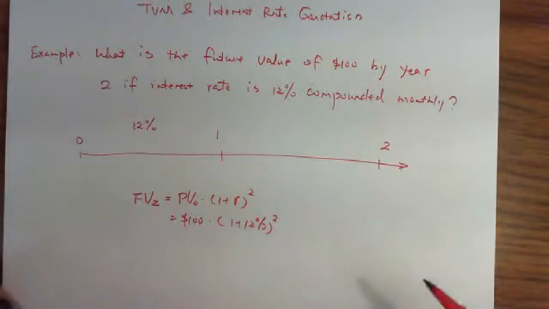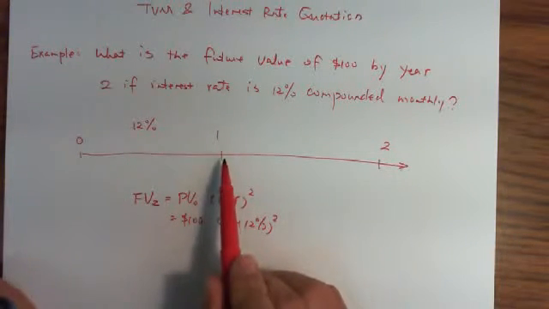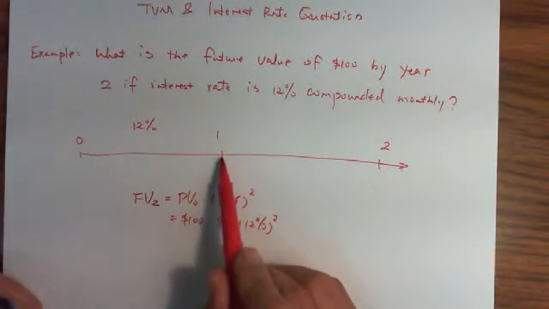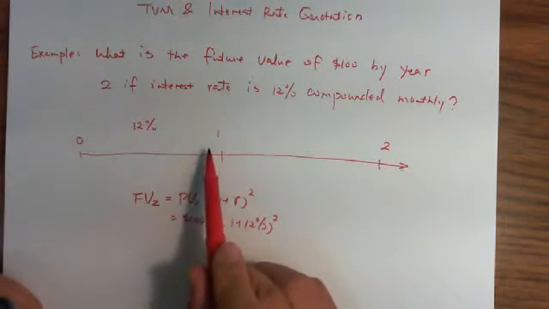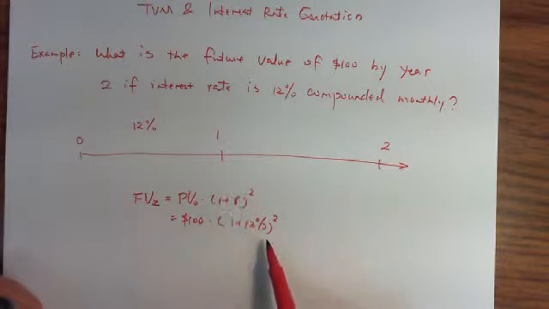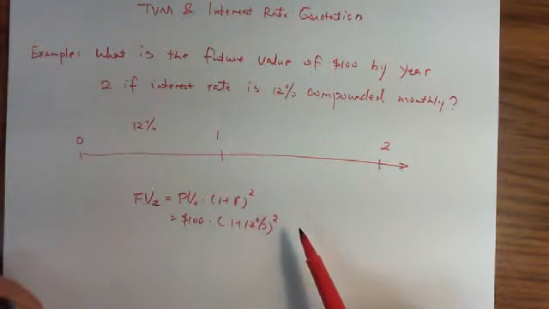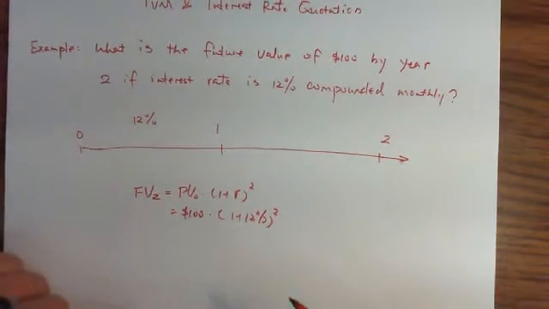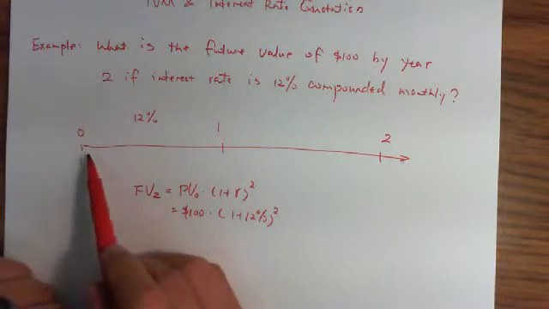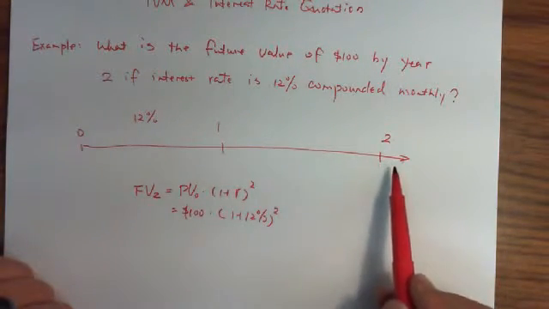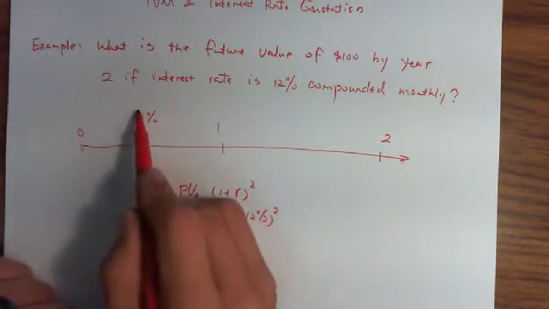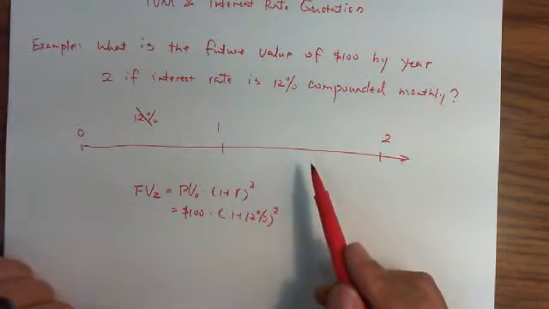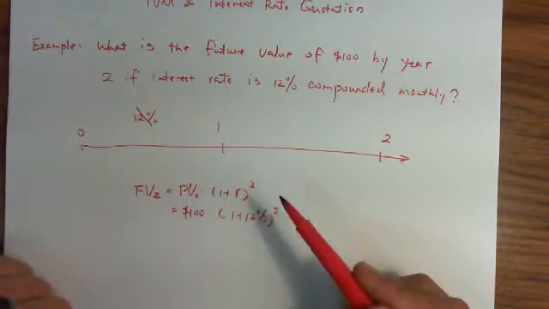So the actual rate we need to use, if we define one period as a year, should be EAR. So if you insist on using a timeline like this one, 1 year, 2 year, then the rate shouldn't be 12%. It should be EAR.